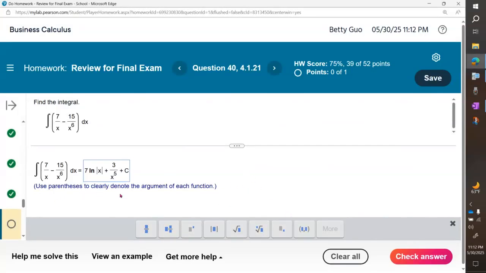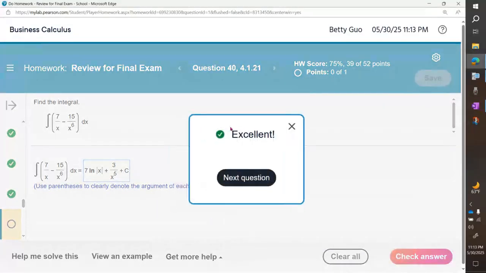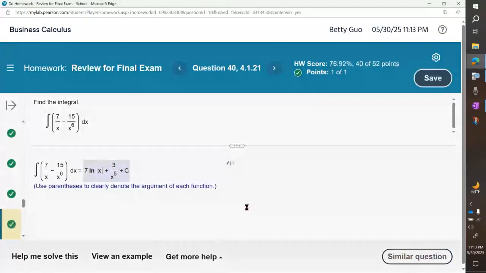Do I need a parenthesis here? But I think absolute value is a grouping symbol already. Okay, that's fine. I don't really understand what this means though.